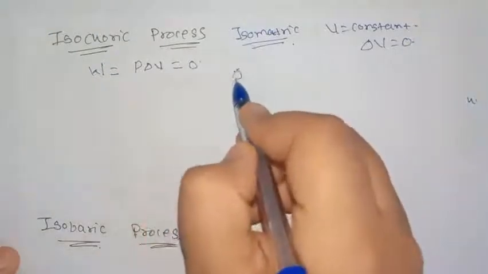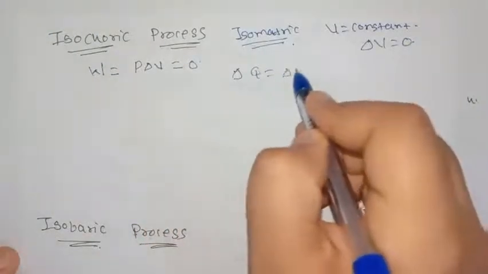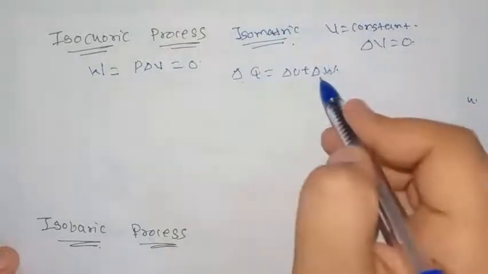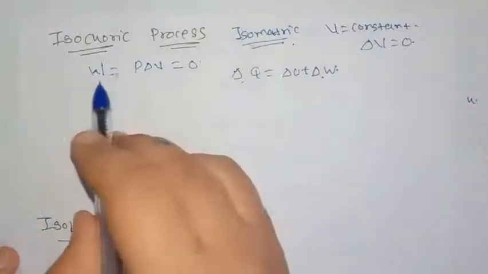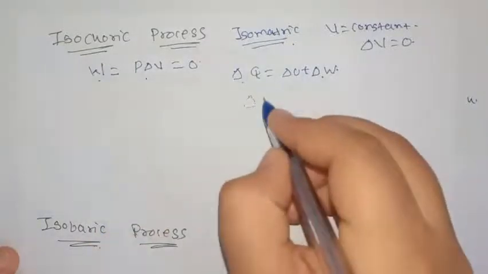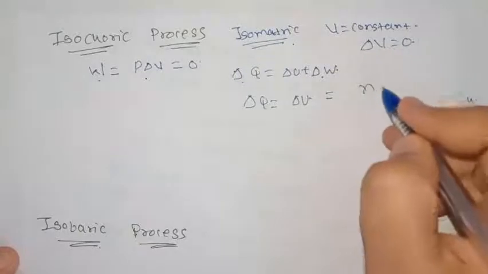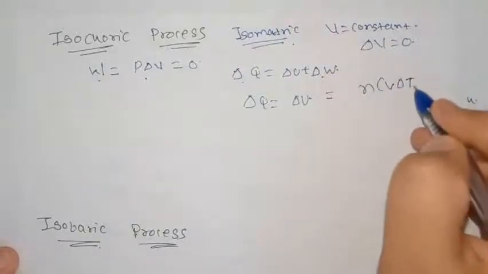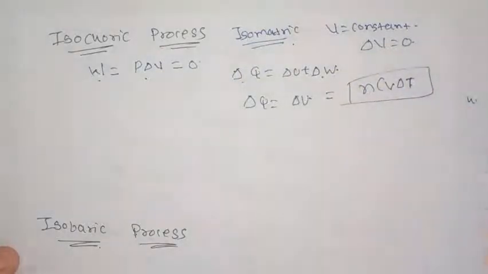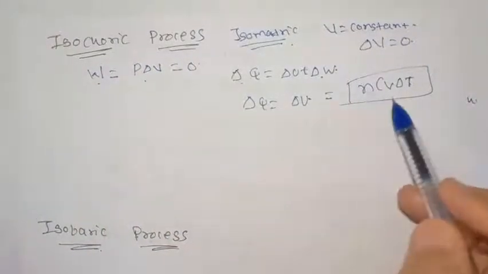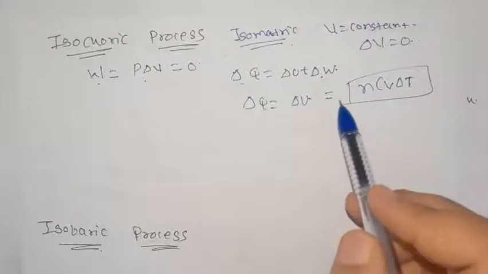So we can write delta Q is equal to delta U plus delta W. Delta W will be 0 because delta V is 0. So delta Q can be written as delta U, which is given by nCv delta T. So for the isochoric process, delta Q is nCv delta T and work done is equal to 0.